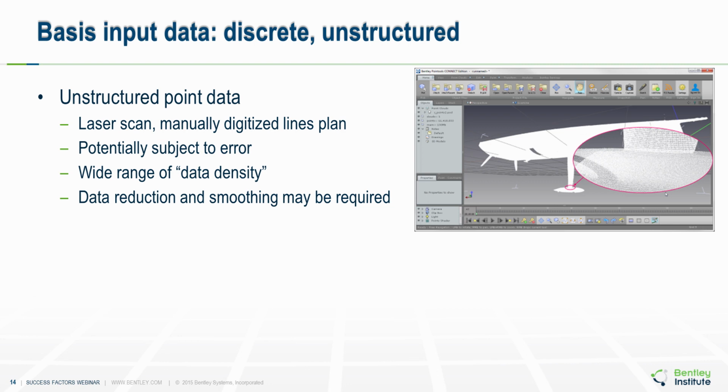The available data for a complete model may be a few hundred or less points in the case of a manually digitized lines plan, or up to tens of millions of points as a result of laser scanning, as seen in this example point cloud from a laser scanned sailing yacht hull. So part of the fitting process will include some form of data reduction and smoothing, i.e. our objective won't be to generate a model that exactly matches all the data points.